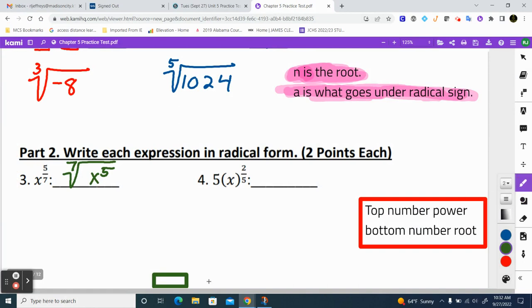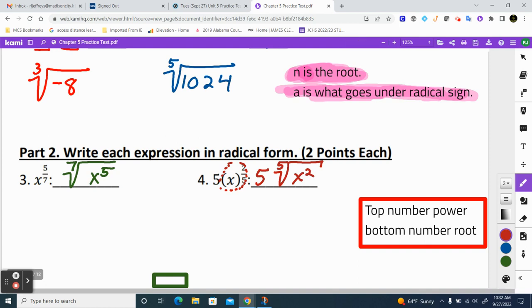Now on number 4, kind of important. This is the only thing that's being raised to the power, so the 5 stays outside the house. This is the 5th root of x squared. You may have to put on your paper that the root goes in the gutter or something.